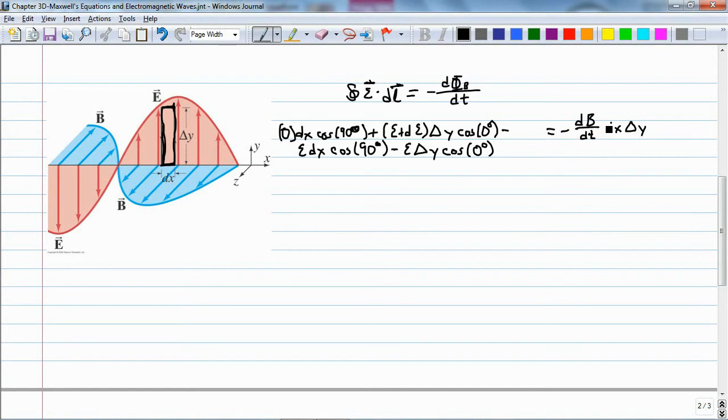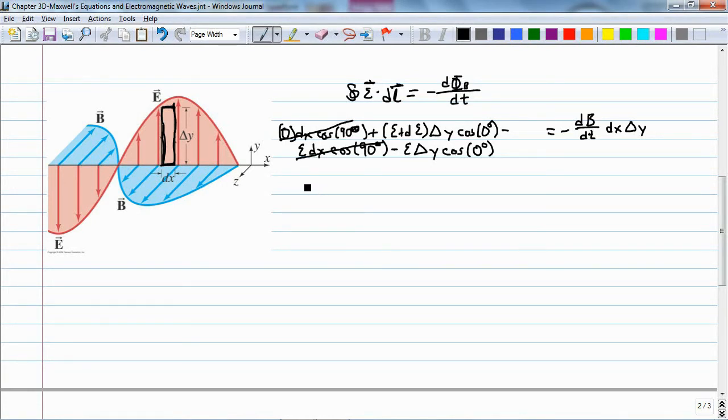And that's going to have to equal our change in magnetic field. Well, this term is going to go away, and this term is going to go away.